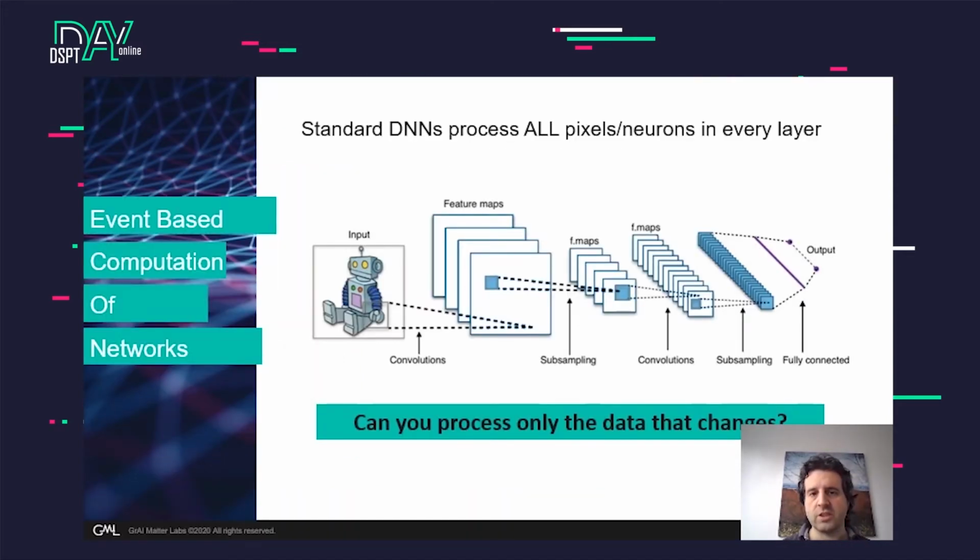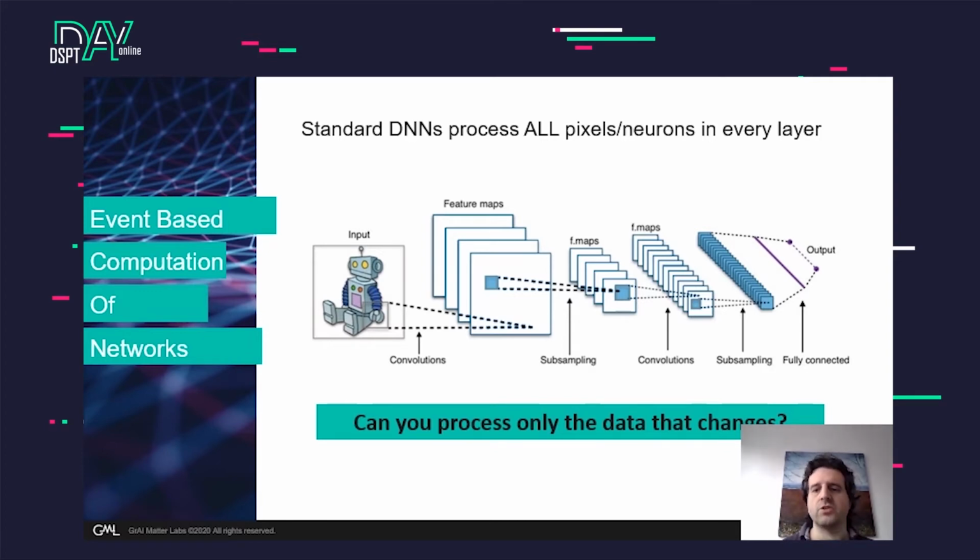How do standard DNNs process the image, from all pixels to all pixels? Essentially you move the image through several layers of a network, and you process everything that is in that image. One thing you could say is that, because everything is interconnected in the network, if something changes in the input image, then that change is going to require, because of the connectivity, that everywhere in the network I have to process everything.